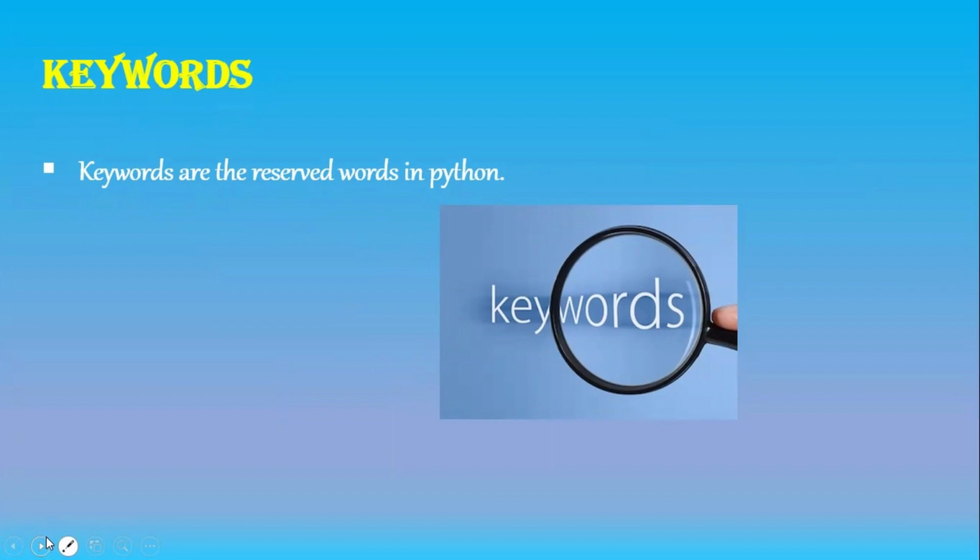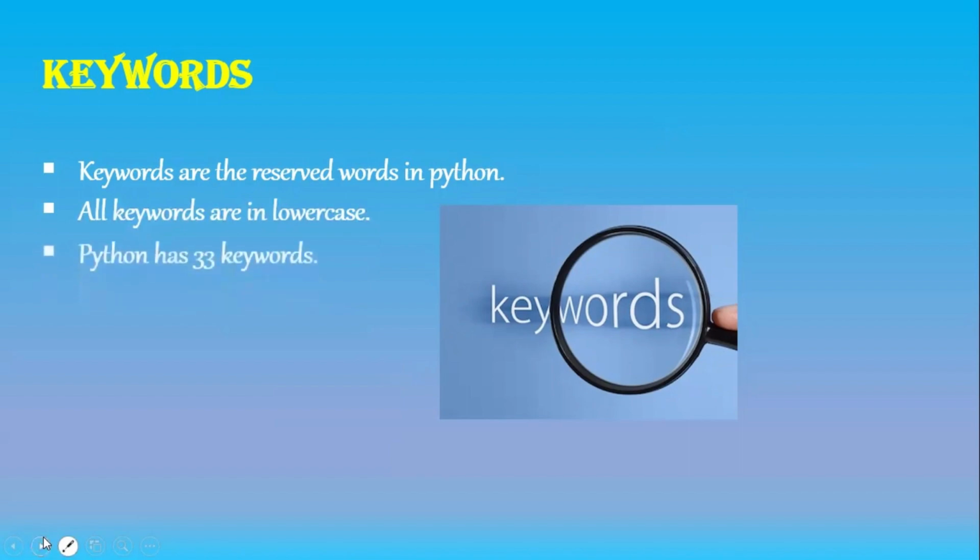These keywords are predefined and cannot be used for any other purpose, like naming variables or functions. They serve as building blocks for defining the structure and logic of Python programs. Generally, in Python there are 33 keywords, and all of them are in lowercase only.